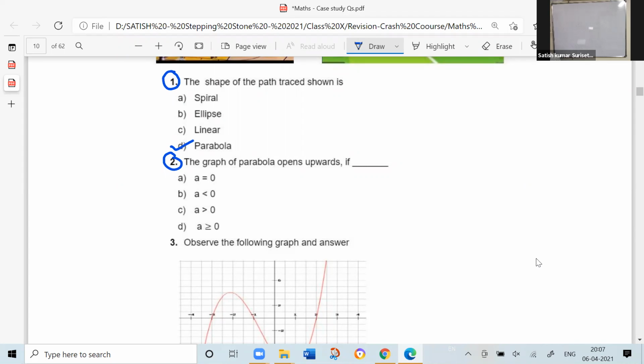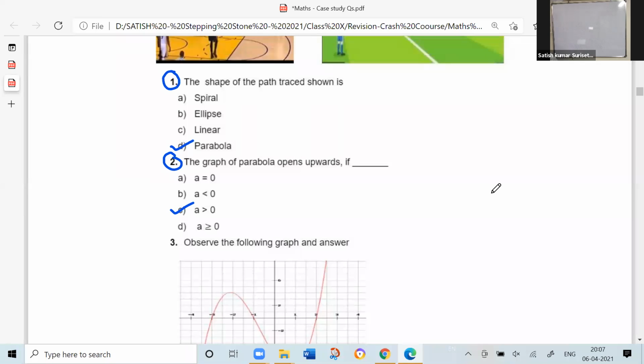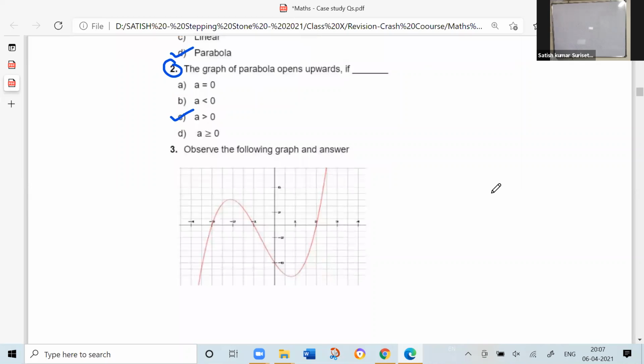Previously we had one problem; in case you have remembered, this also you can do easily. Sir, option C. Good. A greater than 0. So you need to remember, when it opens upwards, the coefficient of x square must be greater than 0. Opening downwards means the coefficient of x square must be less than 0.